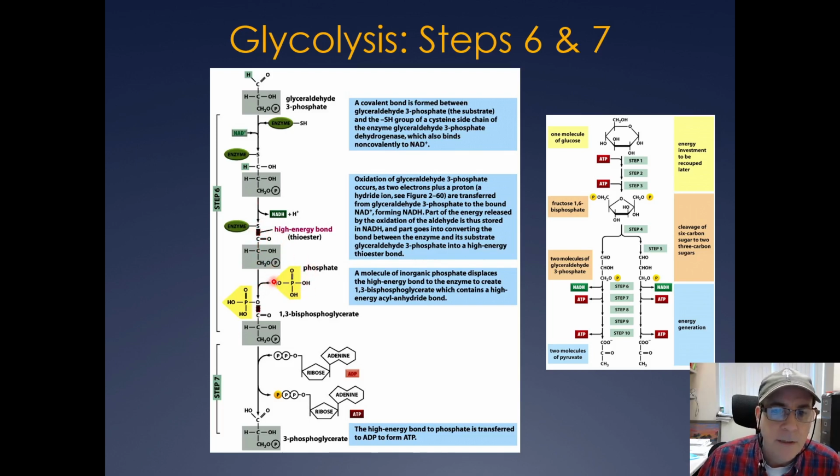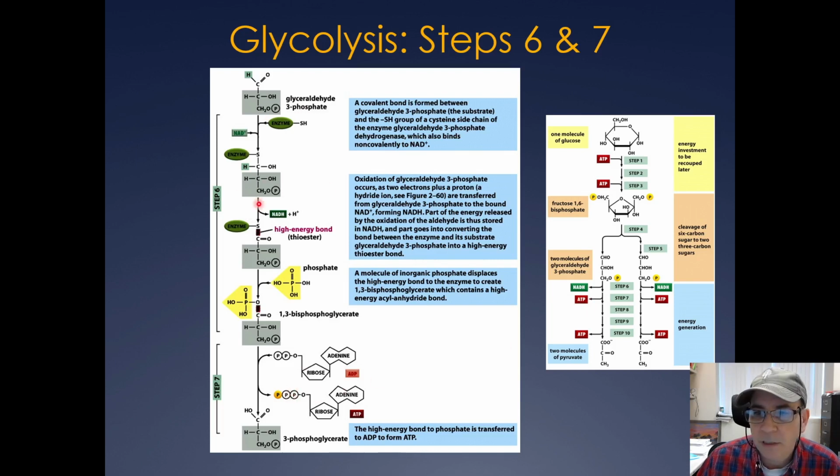Then the phosphate is now attached to the glyceraldehyde 3-phosphate to make 1,3-bisphosphoglycerate. This high energy phosphate is then transferred to ADP to generate ATP in step 7.